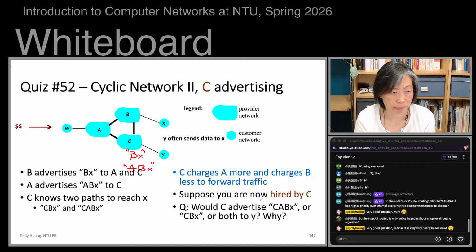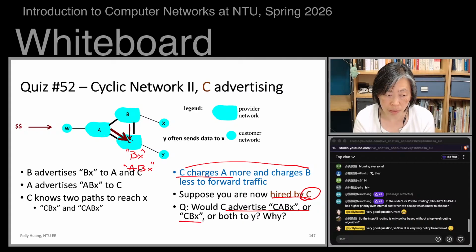Now, given that C charges A more and C charges B less, the money flow looks like this. Suppose your perspective is now C. Would you advertise CABX or CBX only, or both to Y?